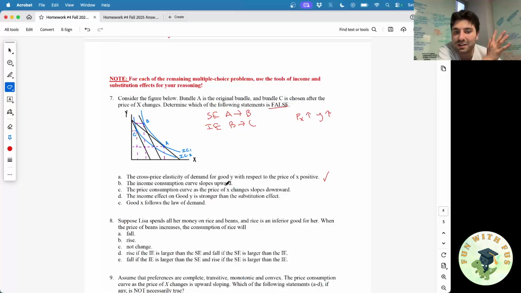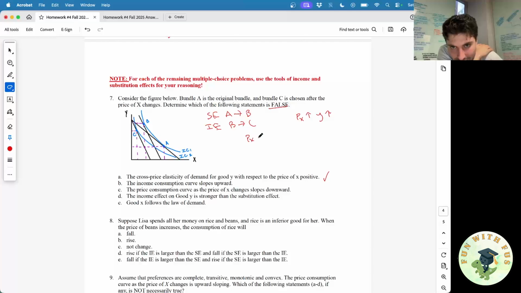We're looking at which one is false, though. The income consumption curve slopes upward. So let's make the little chart, because I've been skimping on the chart.